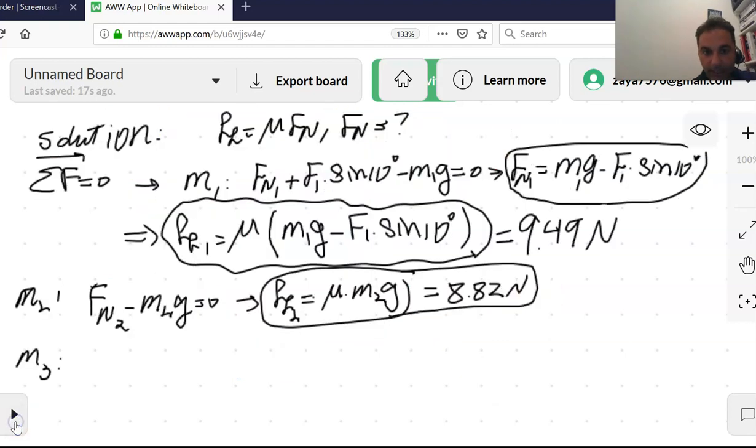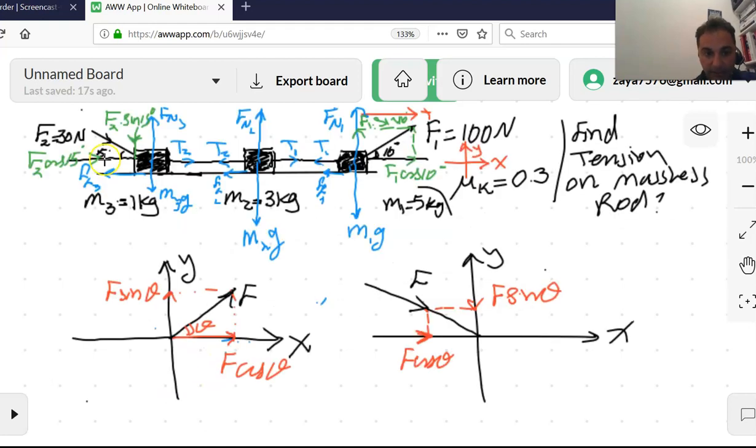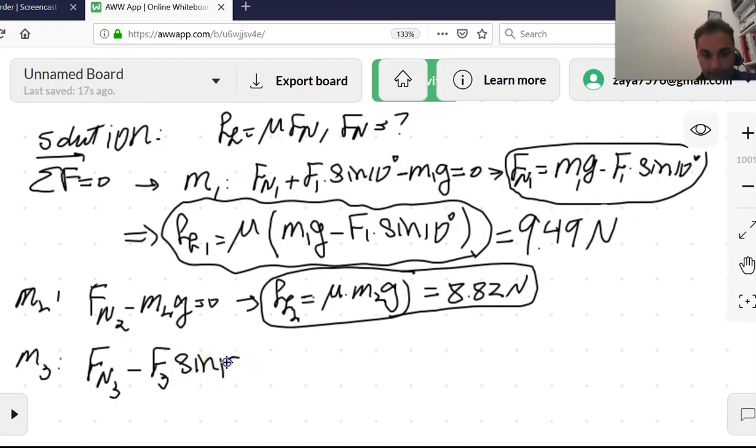So I am going to have Fn3, correct, minus F3 sine, what is that angle? 15, correct? Minus M3g equals 0.